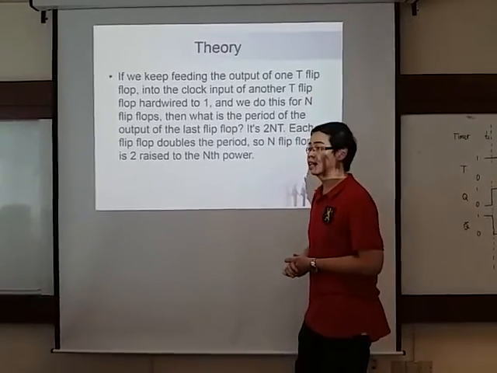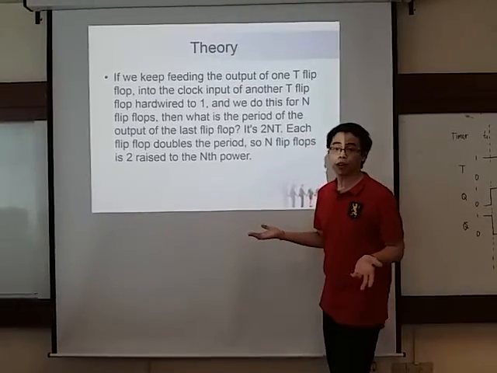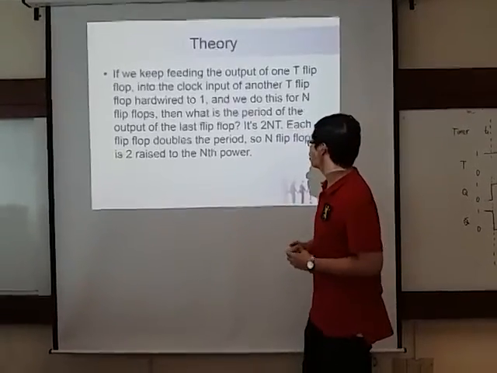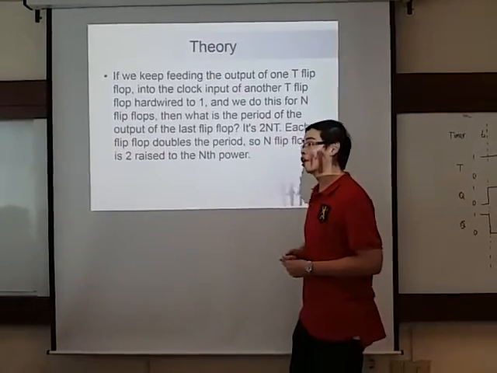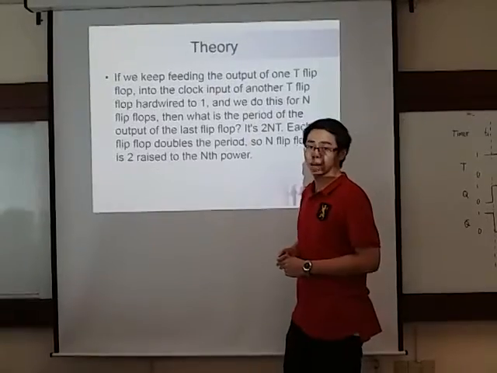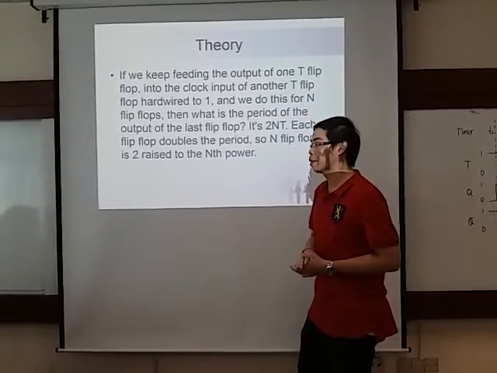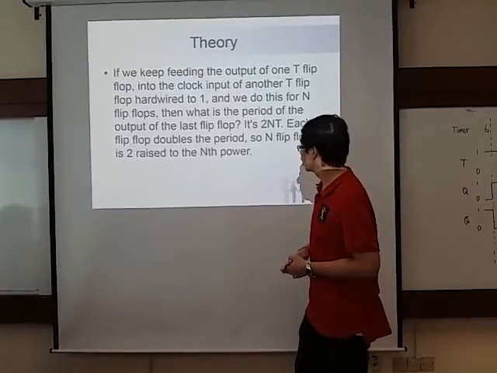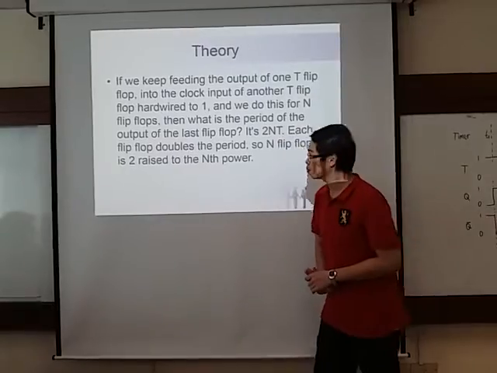If I connect 10 or 20 or 11 like that, what is the frequency now? The formula is 2 to the power of n times T. That means if you connect 5 T flip-flops together, then the period will become 2 to the power of 5, that means 32T. That means 32 times lower than the original frequency.